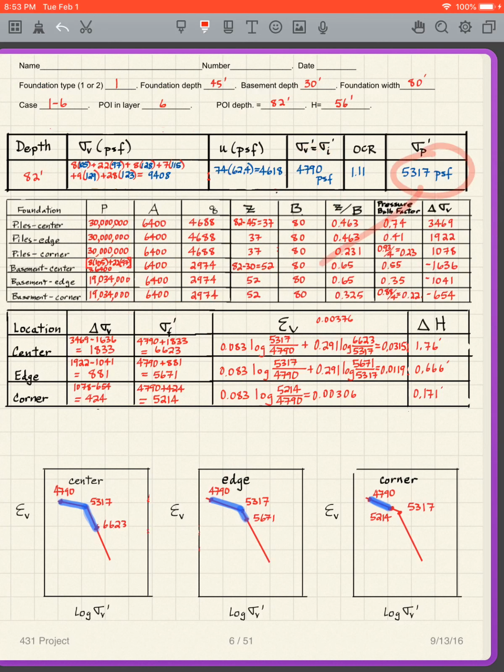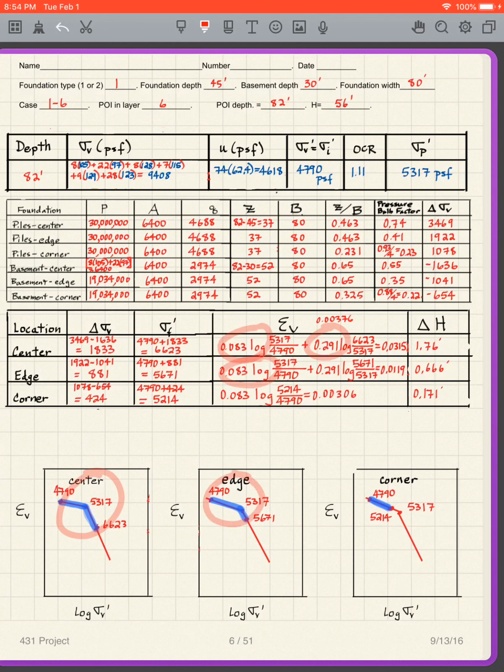The sigma prime P will go here. And then I look at my sigma prime F, where does it go? Well, my sigma prime F, 6623 means I go past the sigma prime P. This one goes past the sigma prime P, but this one, it doesn't go past the sigma prime P. So when I calculate out my strains, this one I have both parts.